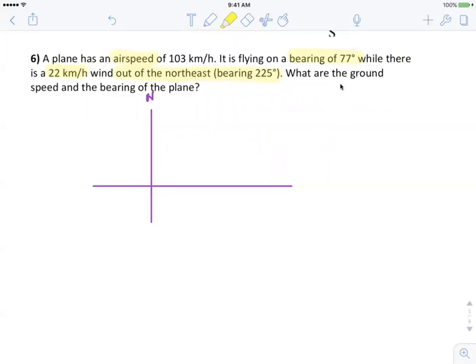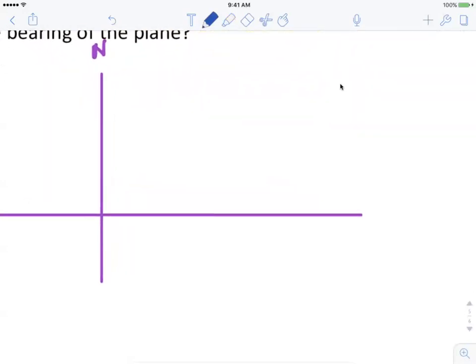The bearing is 77, so that's 77 degrees from the north in the clockwise direction. Let's blow this up a little bit. That's going to be something like this. There's the airspeed, where this angle in here is 77 degrees, and the magnitude of that vector is 103.